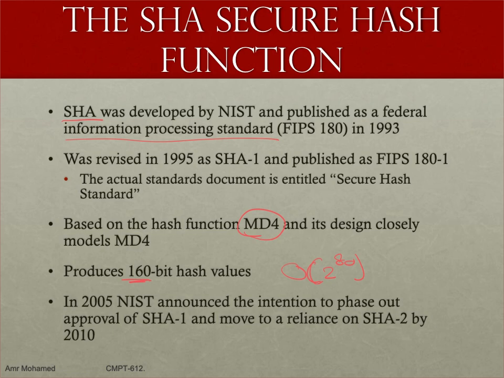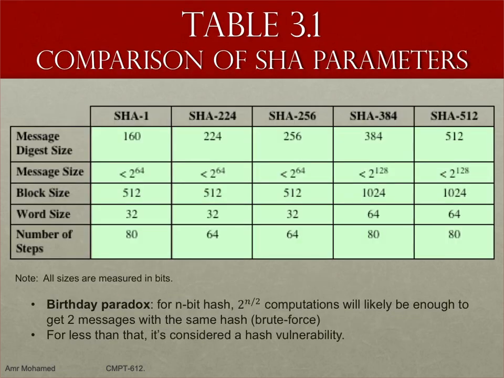Okay? So the first thing we thought about is that we need to increase this size. Okay? So we'll see how many data bits we use for SHA-1 and SHA-2. So SHA-1, which is based on MD4, uses 160 bits as the size for the data. All of these are part of SHA-2.